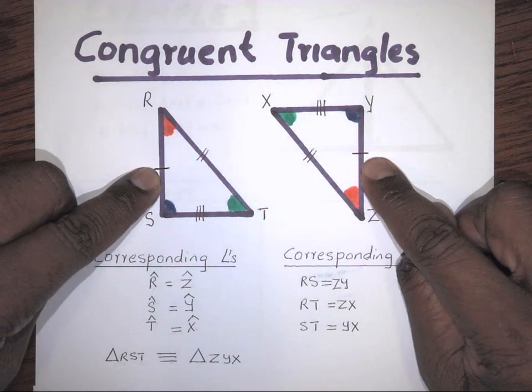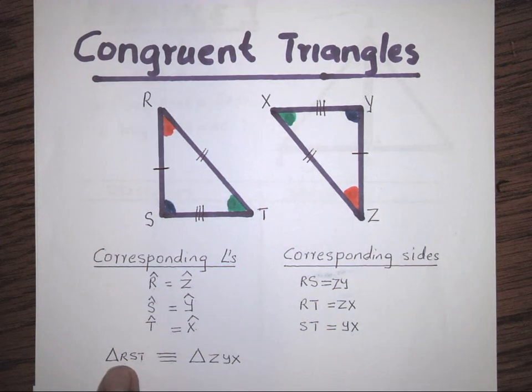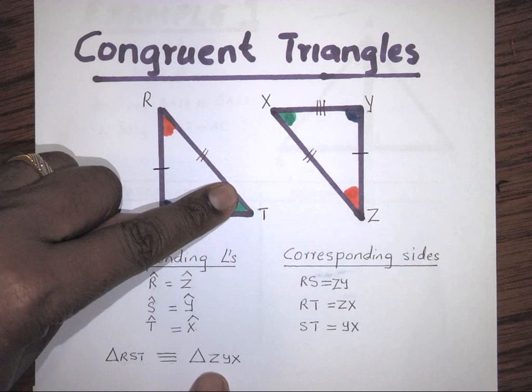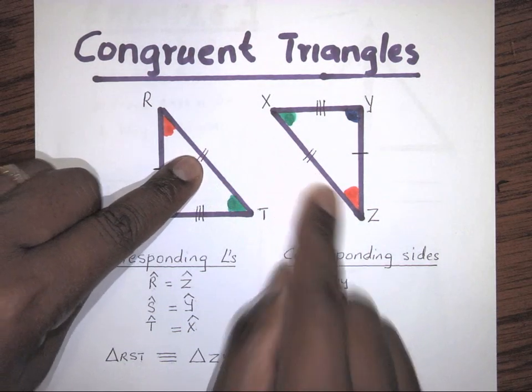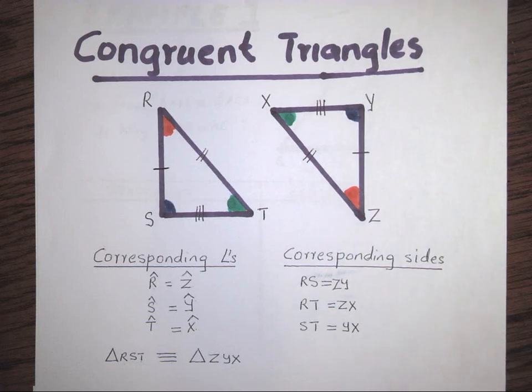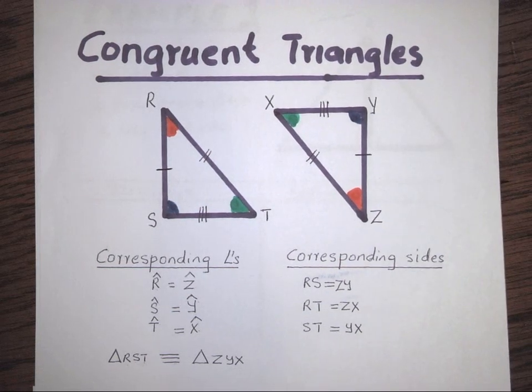Ticked ones, ticked ones. Even the outside letters, RT and ZX, those will be the sides which are equal. RT, there is RT, ZX, they are equal. It is important that you know how to label congruent triangles.